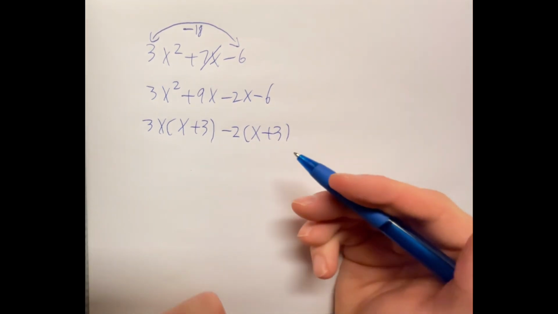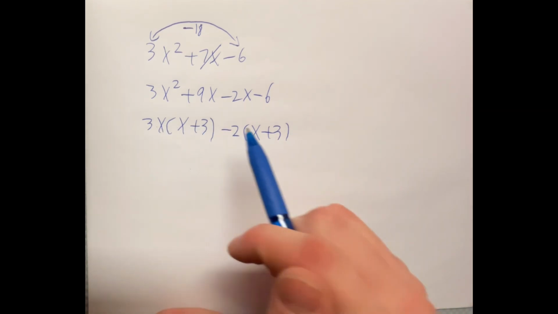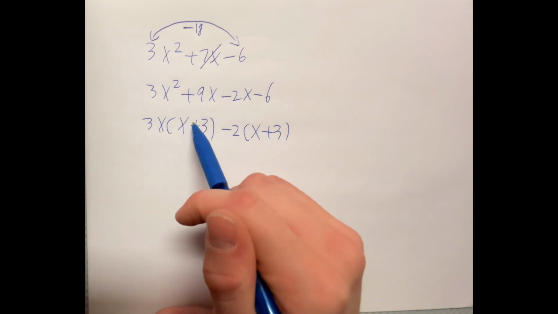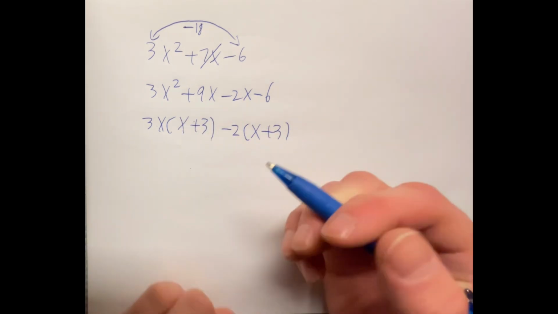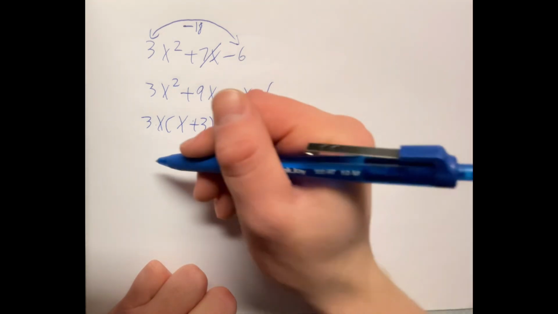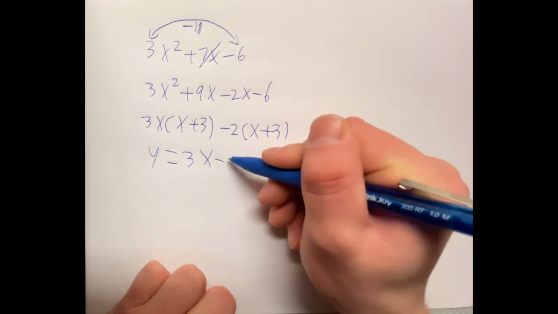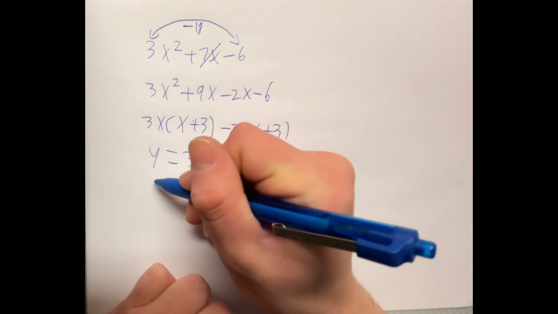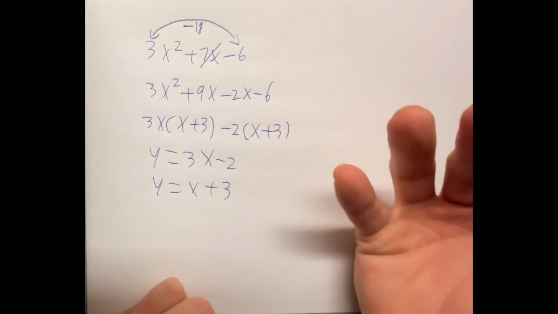We put these two in one equation, with the brackets, which is our second equation. So now we create our equations. Our first is y equals 3x minus 2, and our second is y equals x plus 3, just like that.